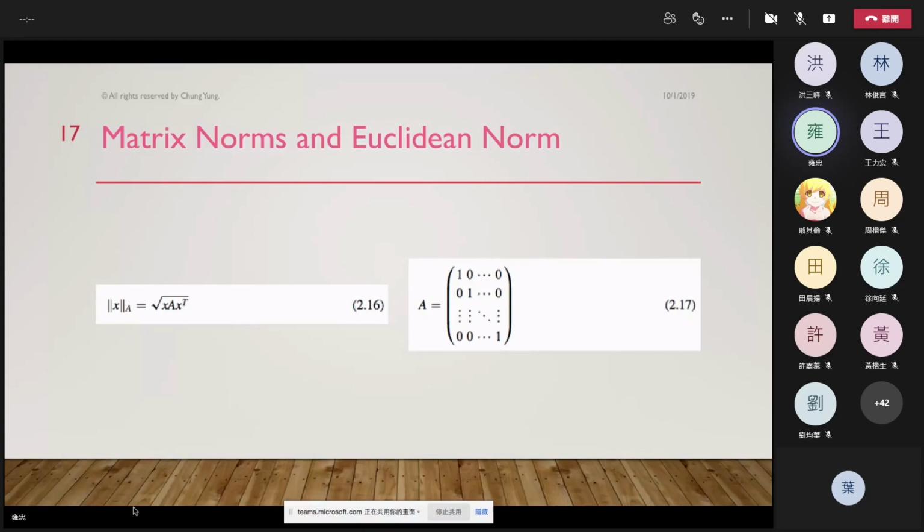The Euclidean norm is that every data is related to itself and not related to the others. So you can see the line from the top left corner to the bottom right corner. All the numbers on this line are 1, and the other numbers are 0. That's the Euclidean norm.